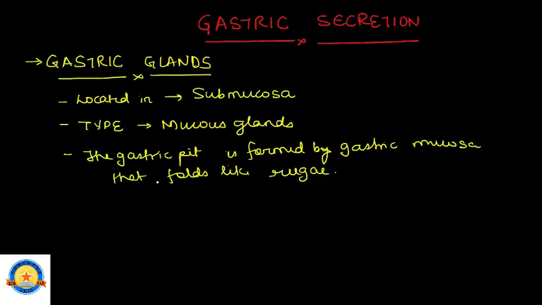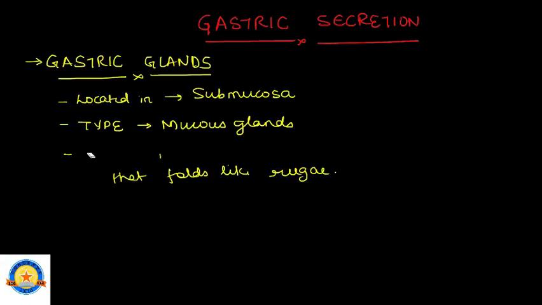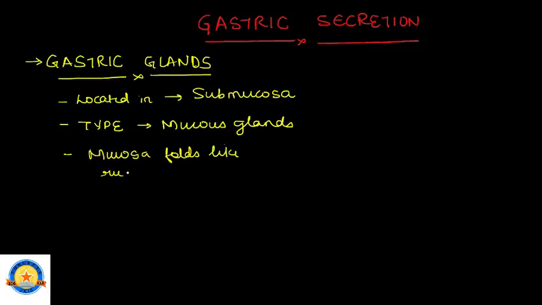In simple words, you can write it like this: mucosa folds like a root to form gastric pits. Now let's move on to what are the different kinds of cells.